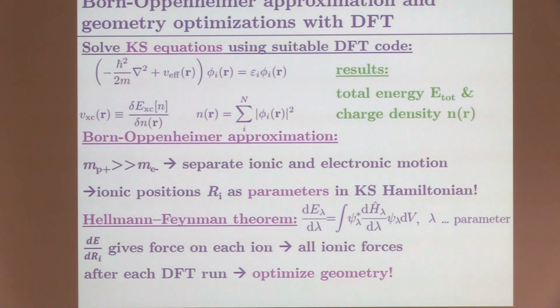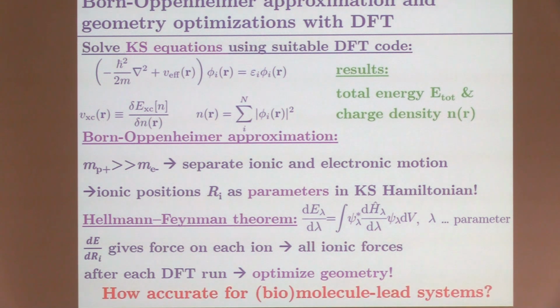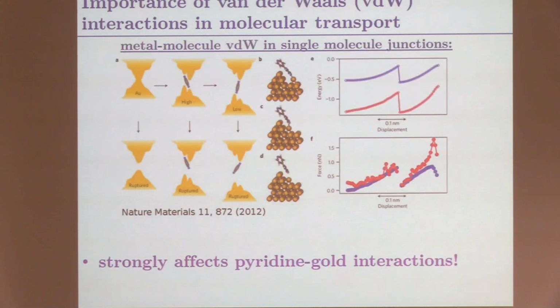I check the forces. If they are not sufficiently small, I will move the ions to a new position, calculate the forces again, and then I will do that until my geometry is optimized and the forces are small enough. Question is, this is a nice scheme, but how accurate is this for molecular metal systems and also biomolecules using density functional theory?